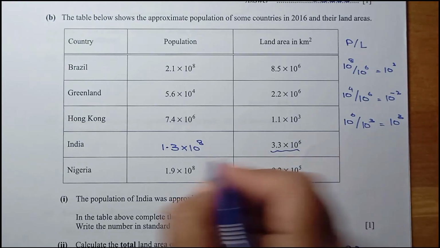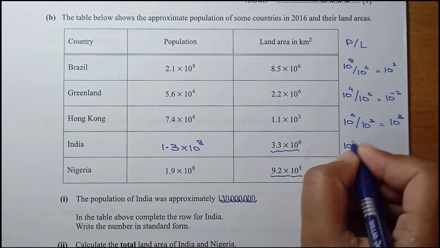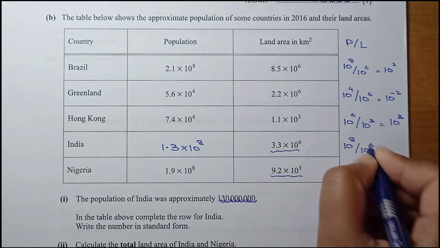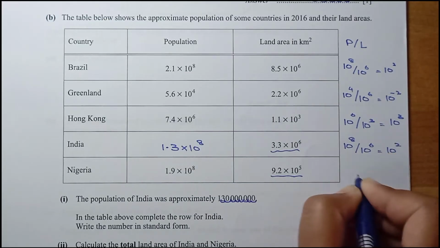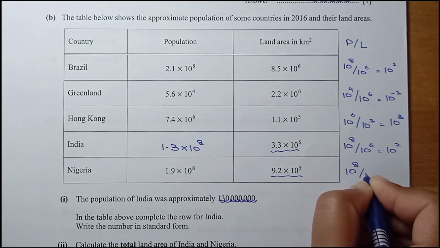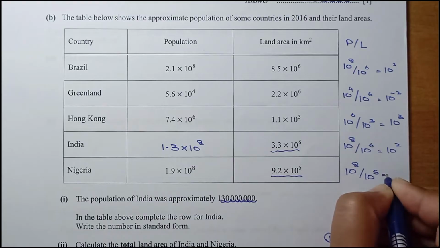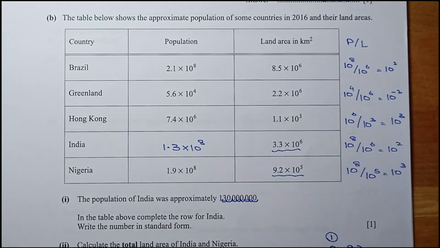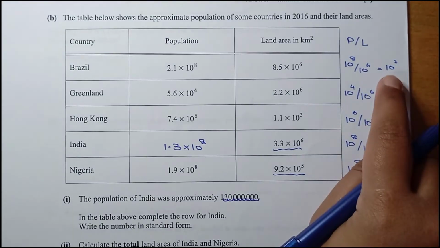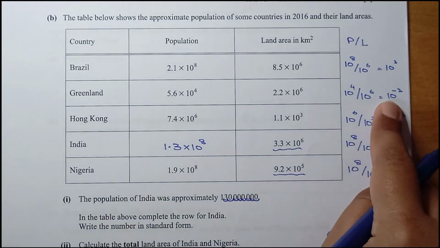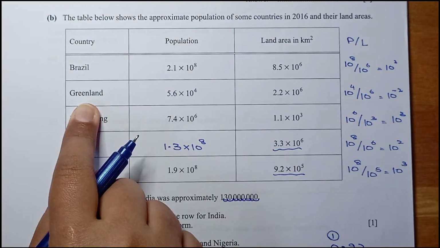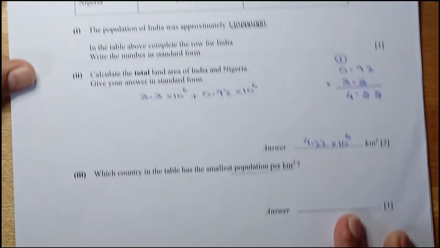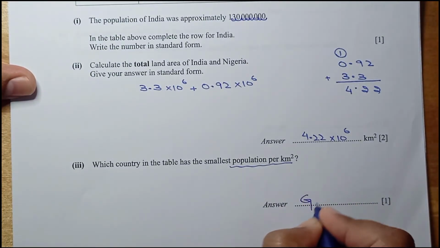And 10, 8 and 6, 8 minus 6 is 2, and 8 and 5, 8 minus 5 is 3. Okay, so we need to find the lowest one, the smallest one. So we have negative power is the smallest one, and it is for the country Greenland. So the answer is Greenland.